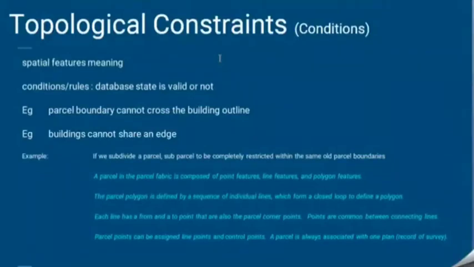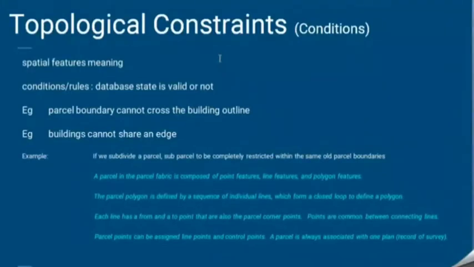Topological constraints. For example, if you are storing buildings, we have a concept of a parcel. A parcel is a kind of lines and polygons. So lines and polygons are stored in such a way that we call it a parcel.